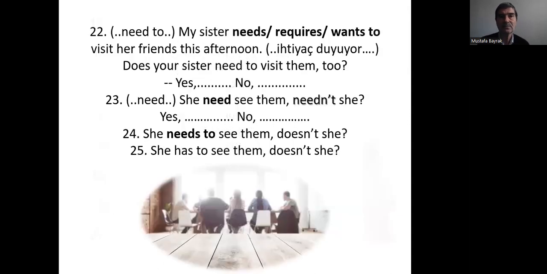Okay. Now, need to. Need, you know this, it is both noun and verb. Now, as a noun, it is necessity, okay? But necessity has the adjective form necessary, okay?